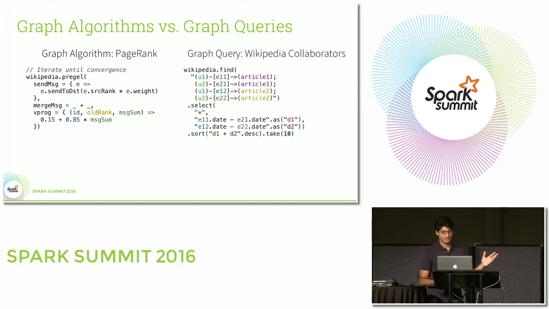And then here is that same Wikipedia query in GraphFrames. Notice that, first of all, it has a declarative API where you can express the structure just using this ASCII art-looking query. And also, there's this integration with data frames. These are all just data frame operations that you can use to apply those date filters.